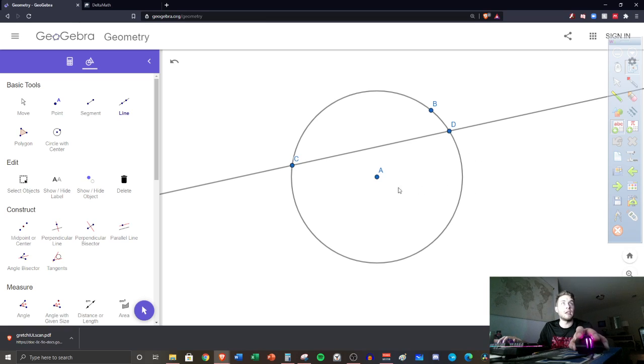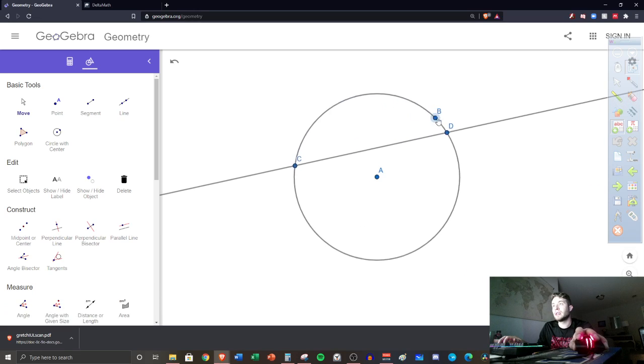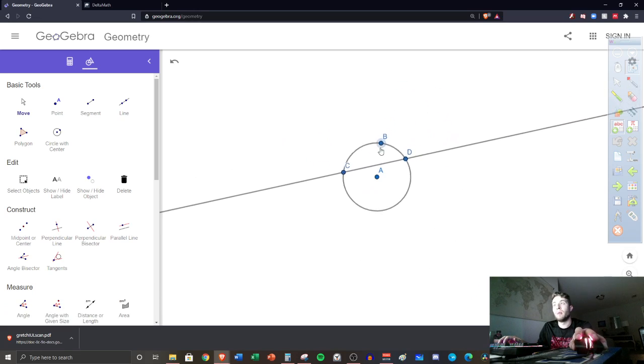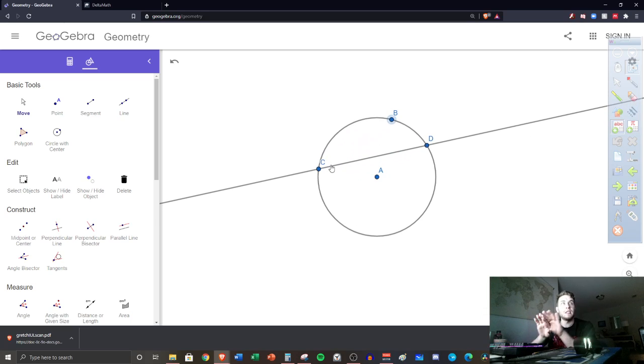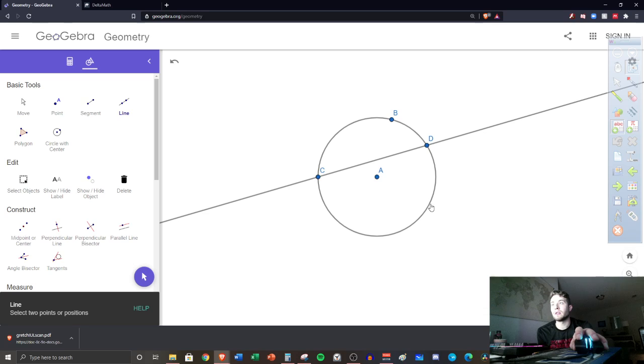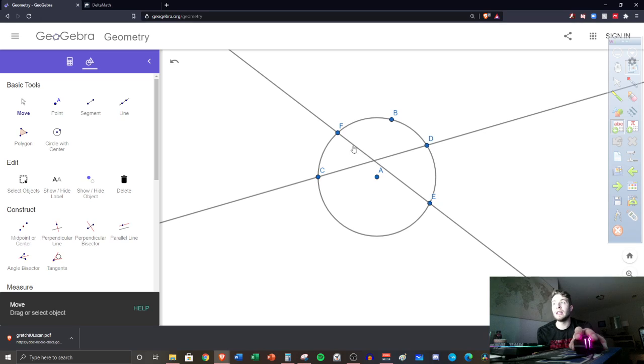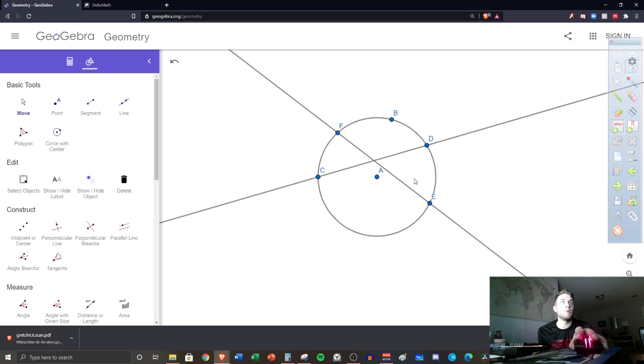So here I have created a secant, and the secant will go through the circle, but it's going to extend to infinity. But the properties work the same way as if I had two chords intersecting. So I could do another one right here, and the lengths inside of the circle work the same way. It makes proportional triangles.